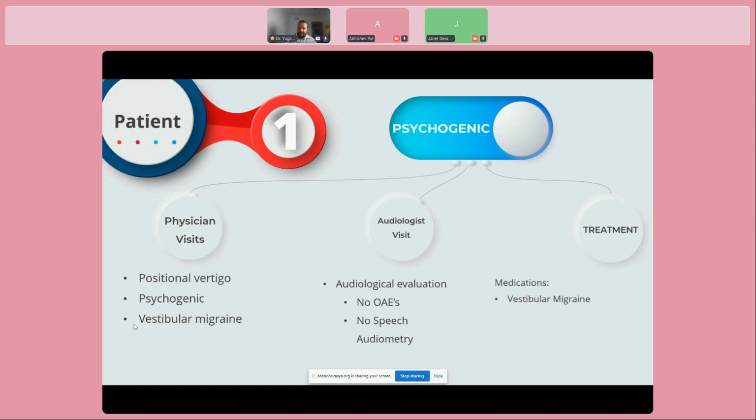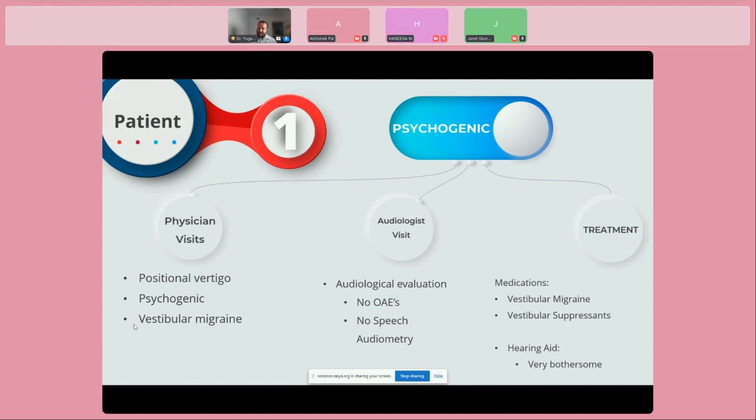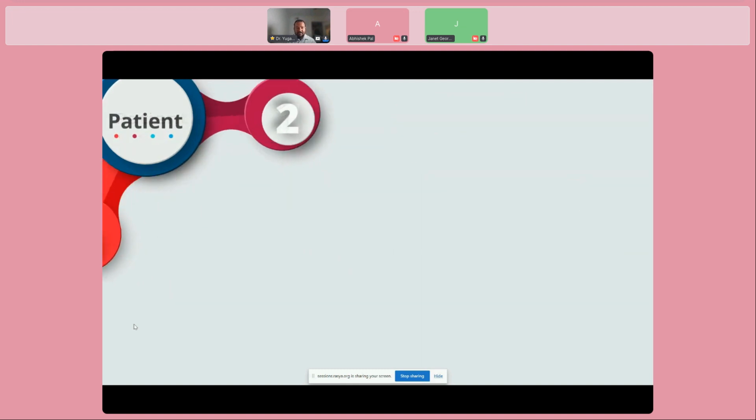So the treatment went like vestibular migraine with vestibular suppressants, and this patient was also fit with a hearing aid because I think it started like a severe hearing loss. Unfortunately, the patient did not like the hearing aid within the first 3 months. So she could not return, and she doesn't feel comfortable.